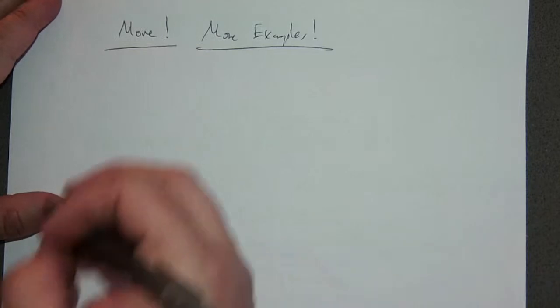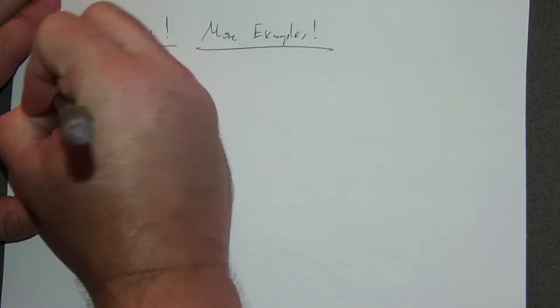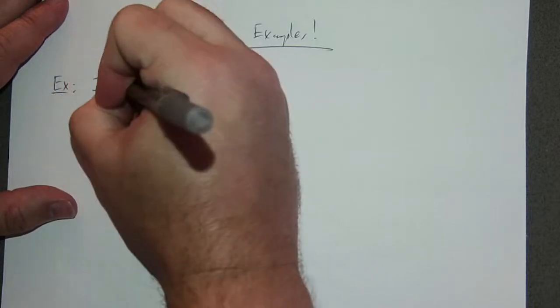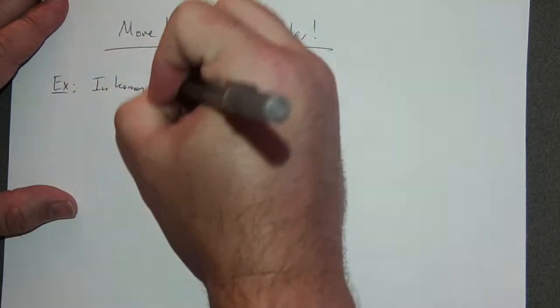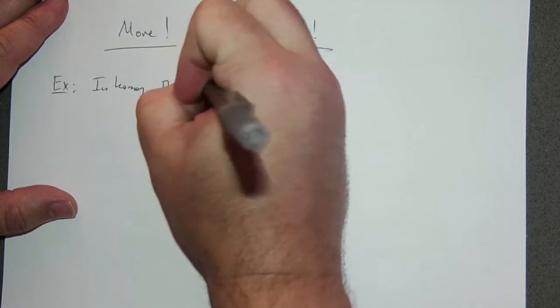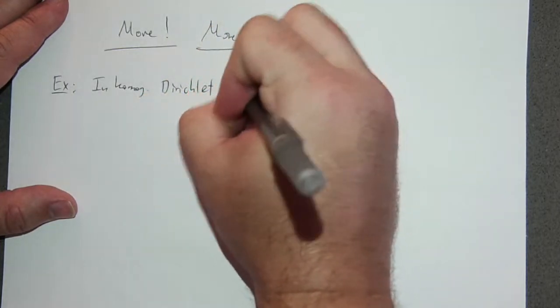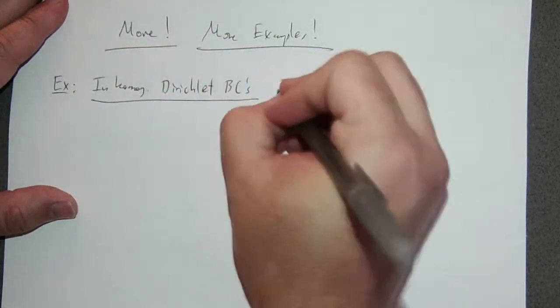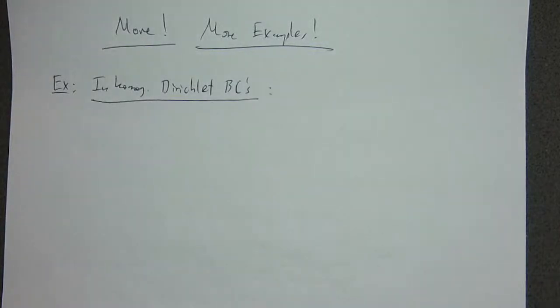Let's do inhomogeneous Dirichlet boundary conditions. How do we treat those? Let's do it for the heat equation, with some different boundary conditions.